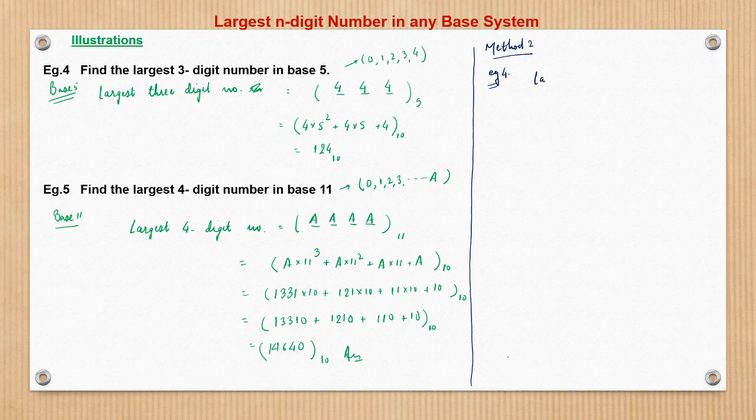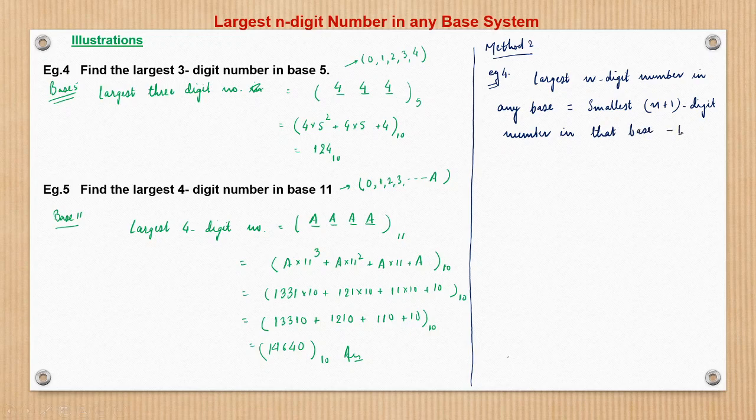So can we say the largest n digit number in any base is equal to the smallest n plus one digit number in that base minus 1, right? This we can say.